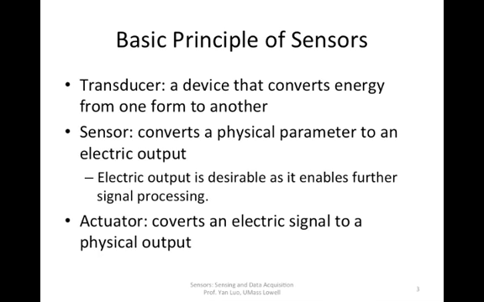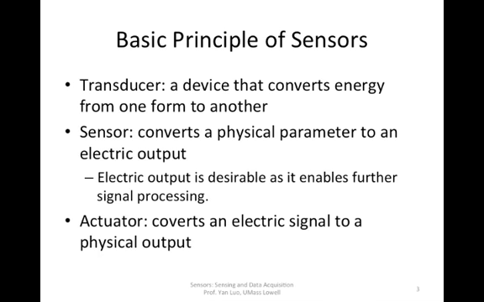The energy form could be electrical or magnetics or temperature or pressure. Transducer is to convert the energy from one form to another. The next two are examples of transducers.